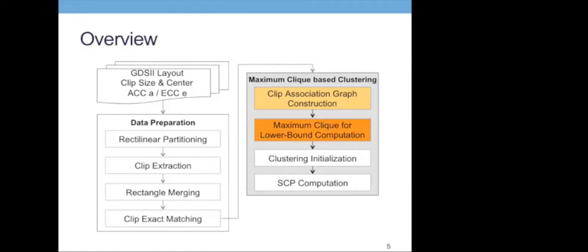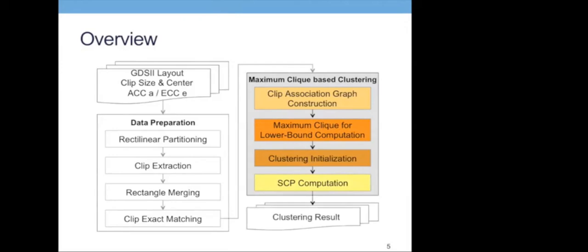Then we call maximum clique to compute the lower bound of the cluster number. Finally, we transform the pattern classification problem into a set covering problem and utilize the result of maximum clique to accelerate the convergence of the set covering problem and give the output.